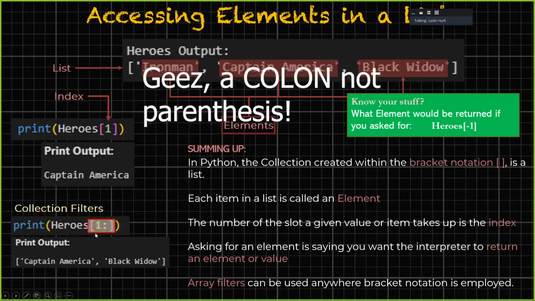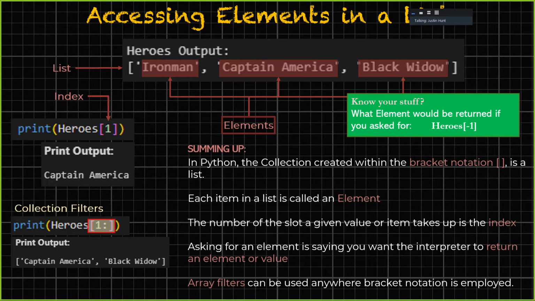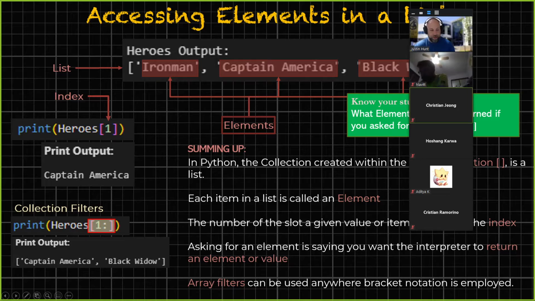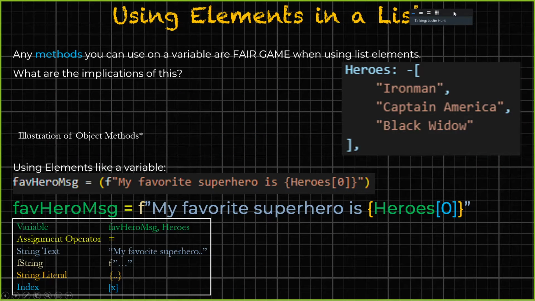And then you can use a colon within the brackets to filter if you want to do what's called a slice. If you want to say, I only want a particular set from within this list. We're going to be playing with lists a lot, and specifically with these little filters in here. So don't fret if you're feeling a little shaky on this. For those that missed out on last week, we talked about this concept of methods.